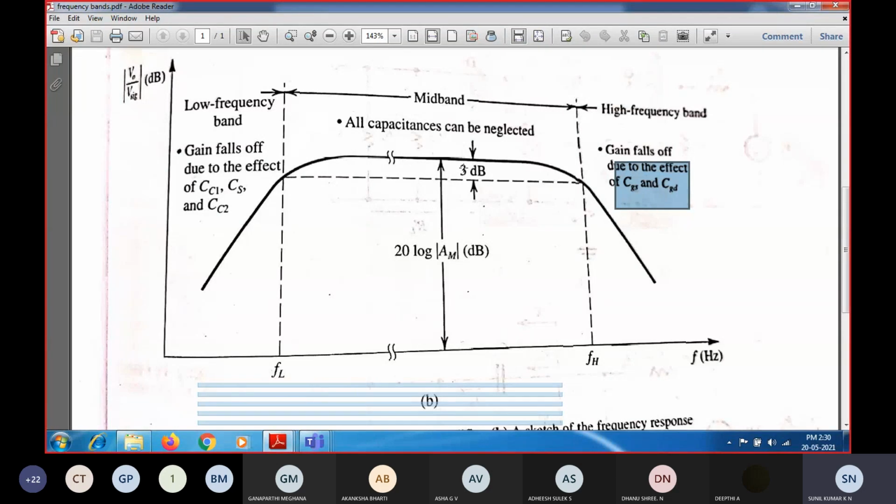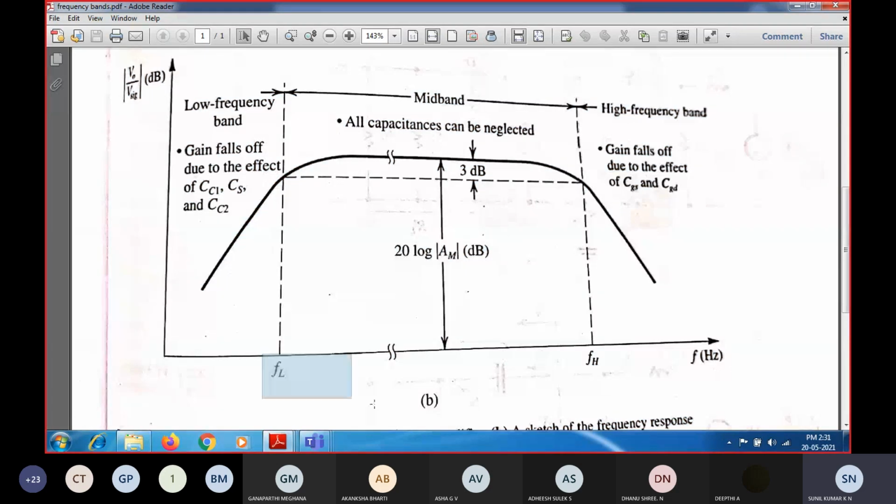So you will get the maximum gain, and the gain will be constant throughout the midband. Then, as you increase the frequency, the MOSFET gate capacitance will again cause the gain to roll off. So this is about the frequency response.